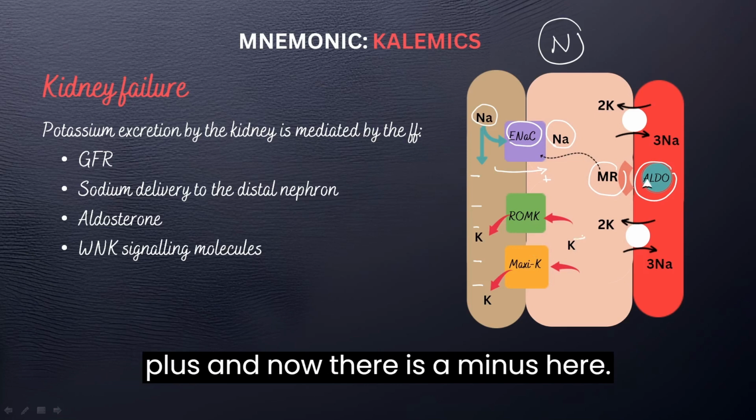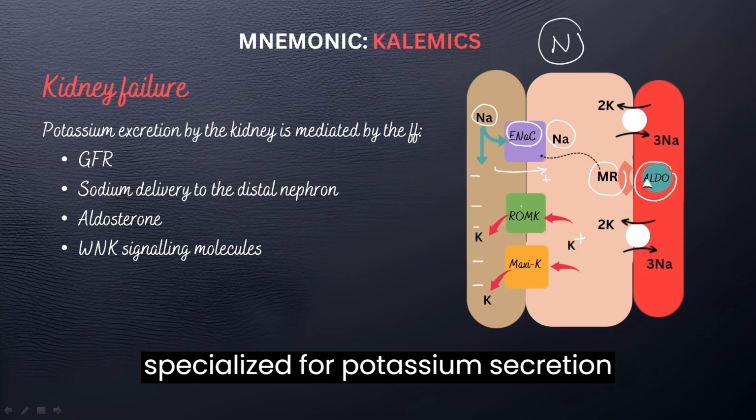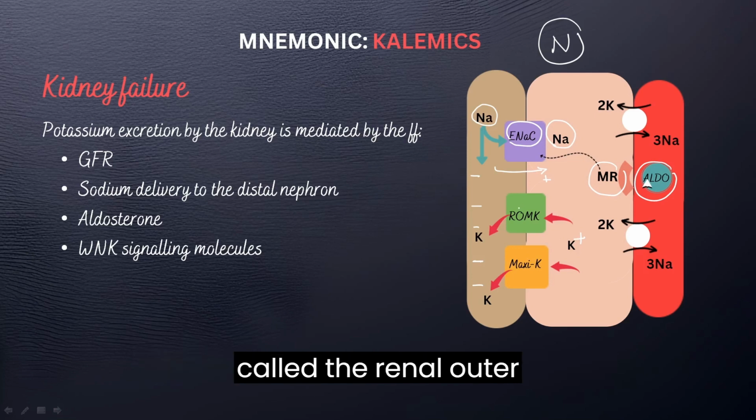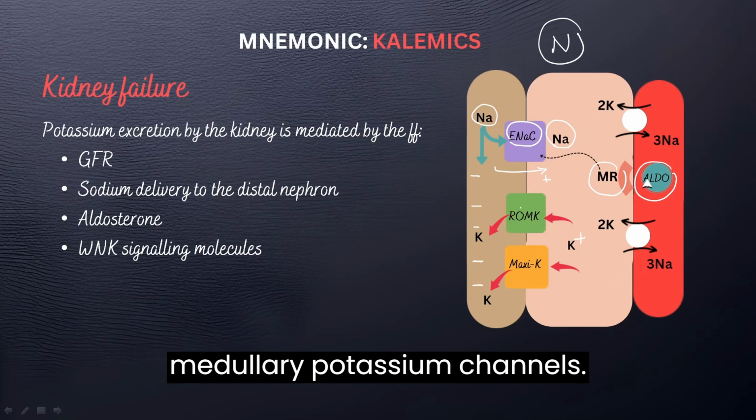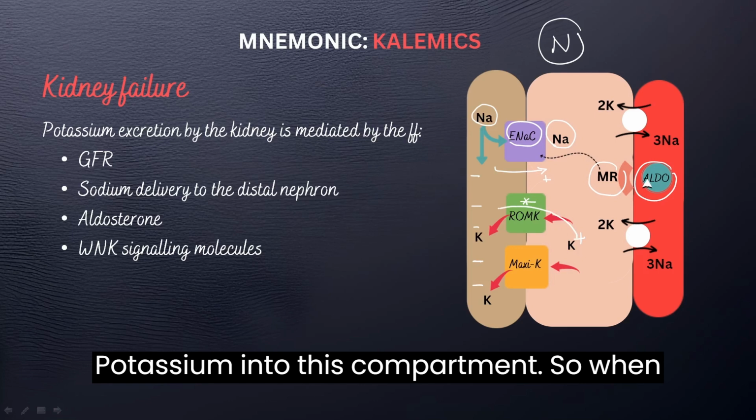Potassium is plus, and now there is a minus here. So the potassium can then run through this channel here that is specialized for potassium secretion, called the renal outer medullary potassium channel. This is used to secrete potassium into this compartment.